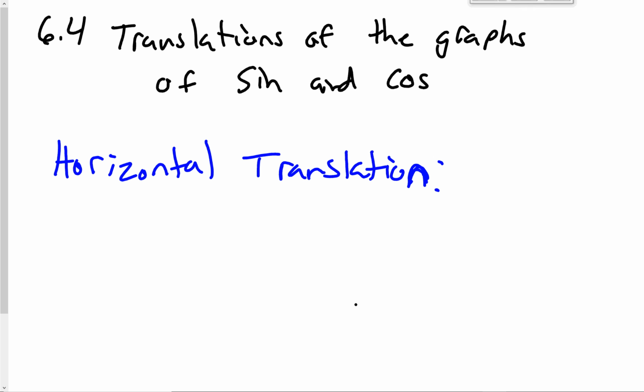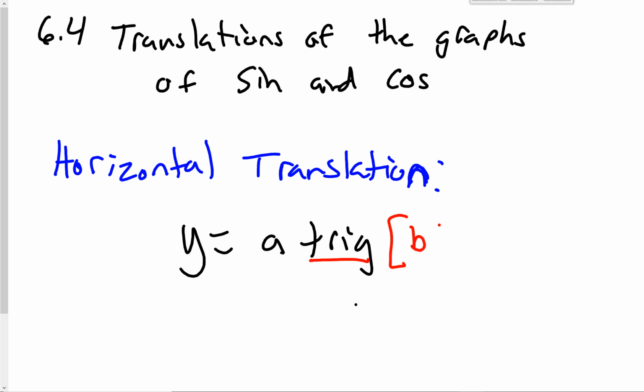So anytime we have any trig function, y equals trig, and that could be substituted for tangent, cotangent, cosecant, secant, whatever have you, of b times x minus d. And then we add something at the very end.